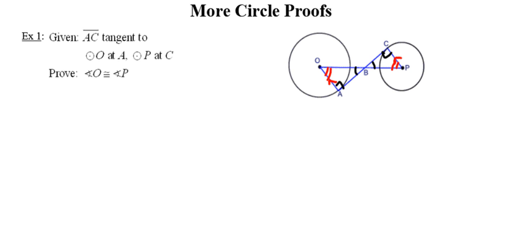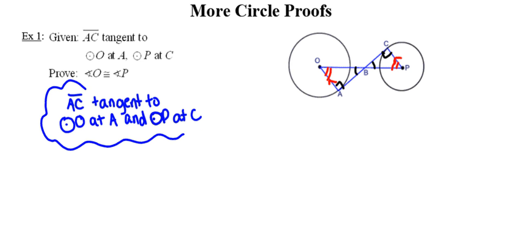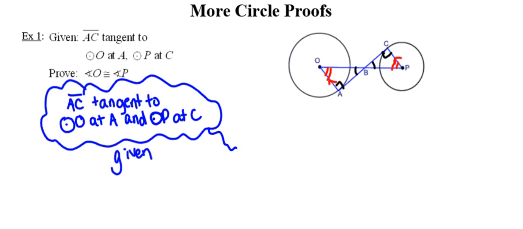All right, so I'm going to go ahead and develop this proof. I'm going to start with line segment AC that's tangent to circle O at point A and to circle P at point C. That's a given. I'm going to go ahead now and say that segment OA has to be perpendicular to segment AC, and that segment PC has to be perpendicular to segment AC.